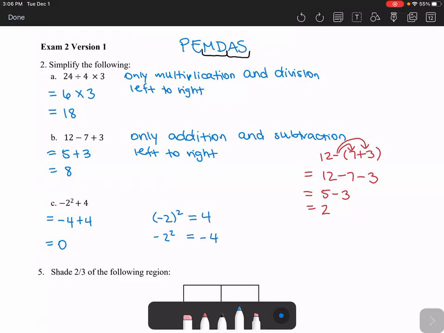On 2A, if you put the parentheses around the 4 and the 3, you said you cannot distribute the division sign because that's not a property, but I guess you would just do the parentheses first because of PEMDAS and get 24 divided by 12 is 2. Yes. Okay. Okay, thank you.